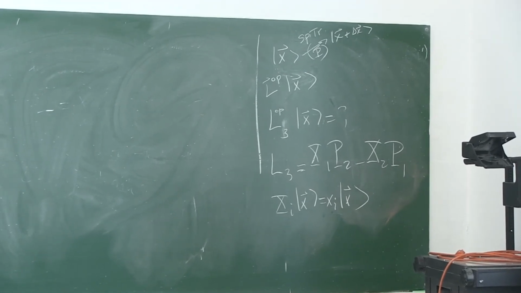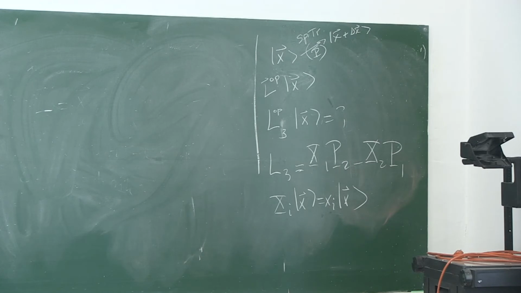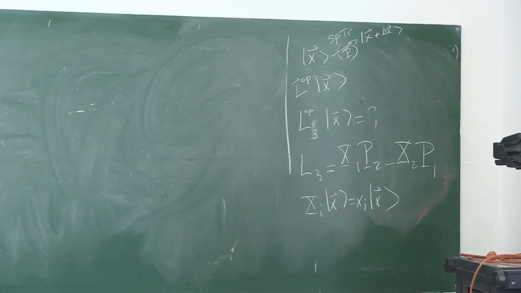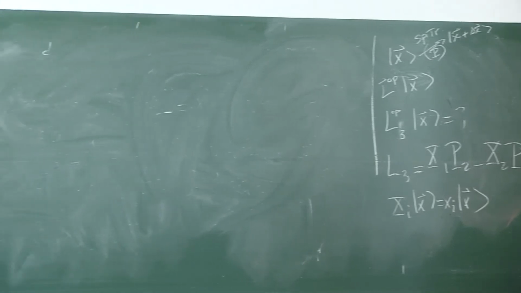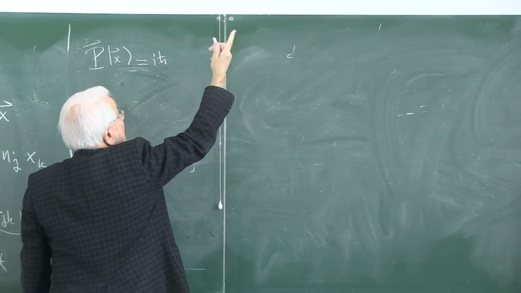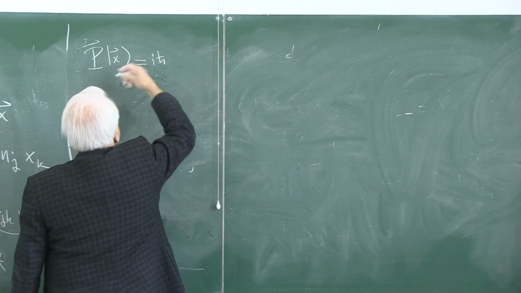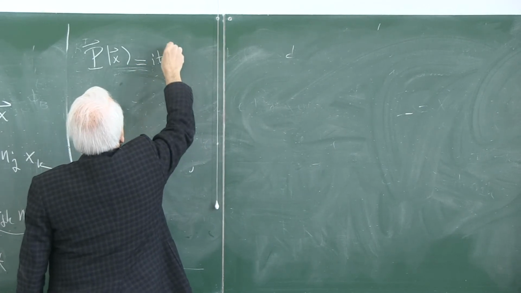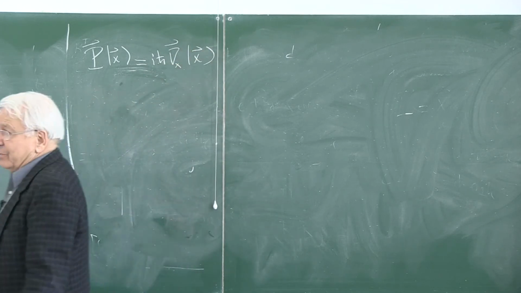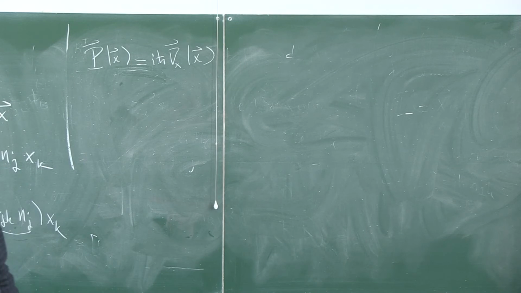Therefore, they have a common set of eigenvectors. The arrow means x1, x2, x3. Okay. And we have also worked out the effect of the momentum operator on x. What was it? Px acting on x was i h bar d/dx. Notice the sign change from the space of functions to the position operator eigenvector basis. That was the expression that we worked out.